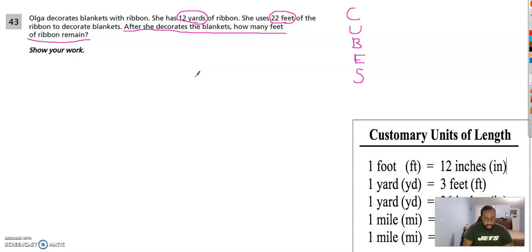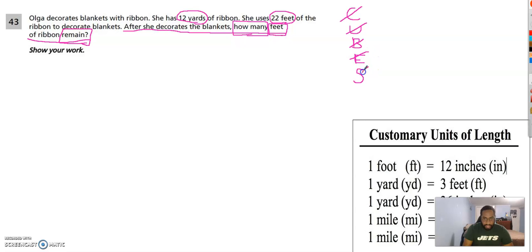All right. Alvarin, box the keywords. Yes, how many? Also, it says remain. So it's a two-part problem, two operations. How many, all right, and remains. And what are they looking for? What unit? Feet.